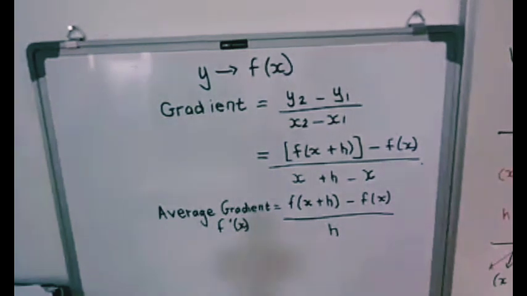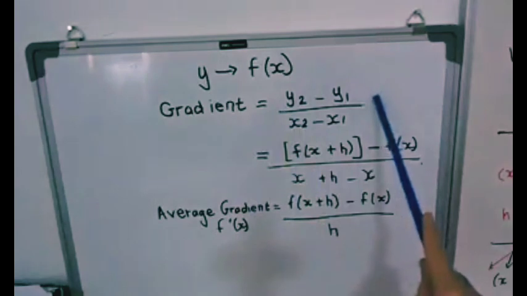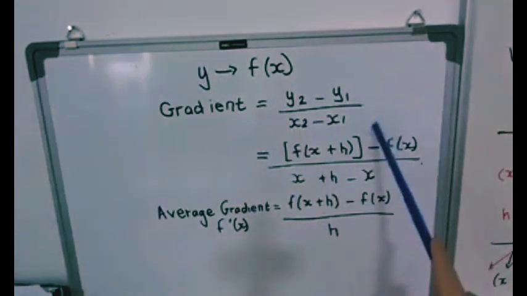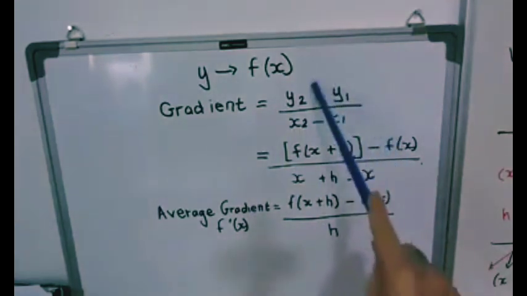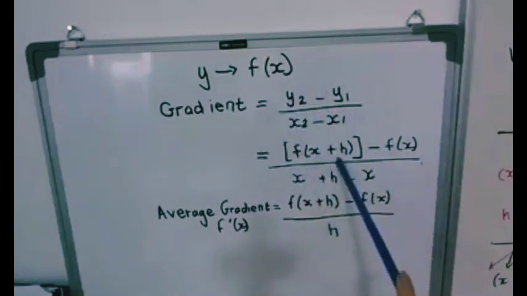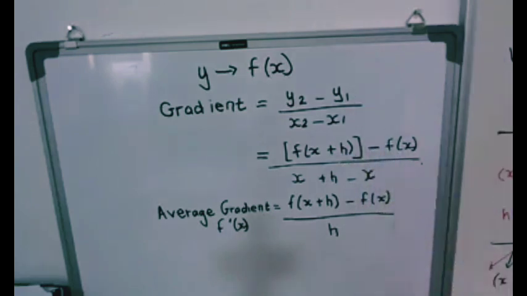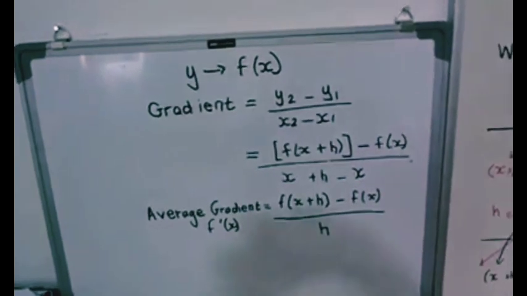Right, so now, if we're finding the gradient of that slope, gradient is still y2 minus y1 over x2 minus x1. But now y2 was f of x plus h, and y1 is f of x. If you look at that board.